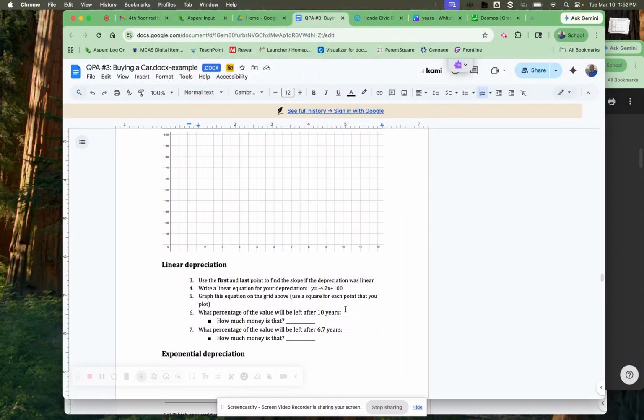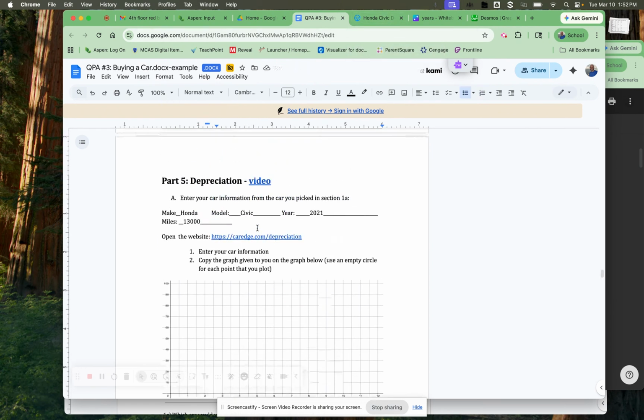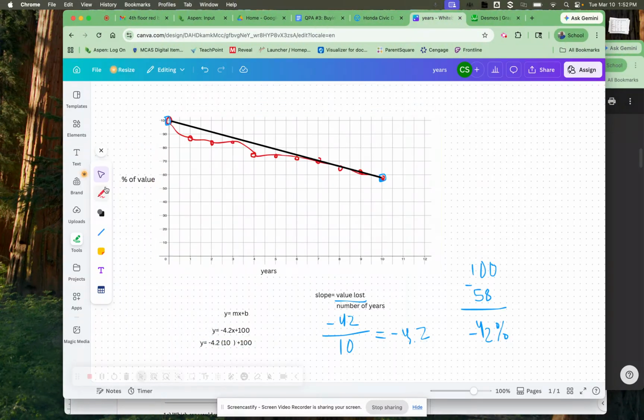So 58% is how much value will be left. That's the percentage. And the question is, how much money is that? Now my car, I already established, was worth $13,000. So I'm going to take the value of my car and times it by 58%, which is 0.58.